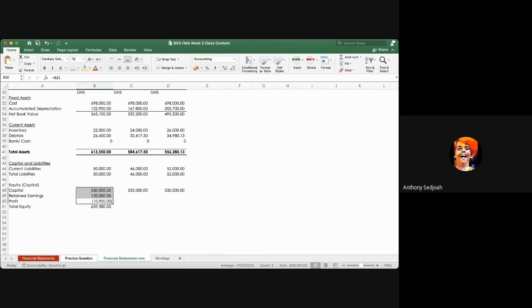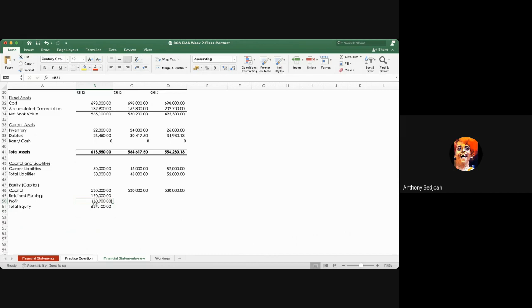What formatting do you suggest that I apply to it to indicate that it's indeed a summation of the numbers above? Do you get the question? So you have to underline it. Okay. Underline which one? Is it the 10,900 or the 639,000? So the 10,000. Okay, yeah.